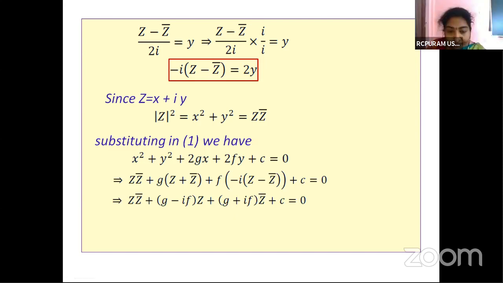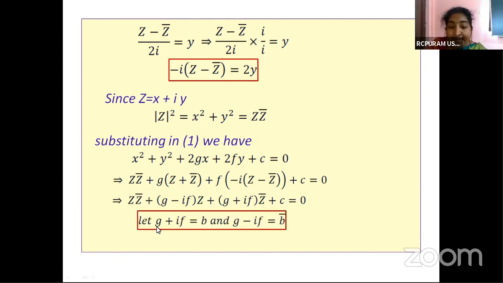Now, let us take g plus i f is equal to b and g minus i f is equal to b bar. Why so? Now in your problem, if you can observe your question, b and b bar are used. You don't have g minus i f and g plus i f. Now g minus i f and g plus i f are both complex numbers.